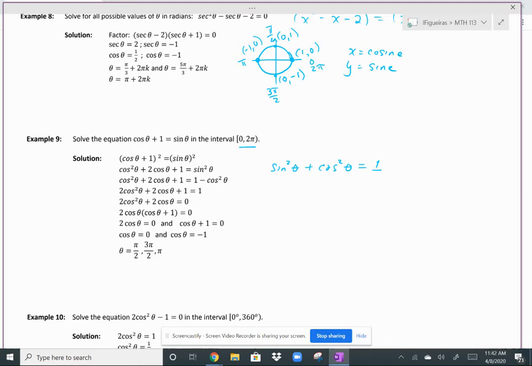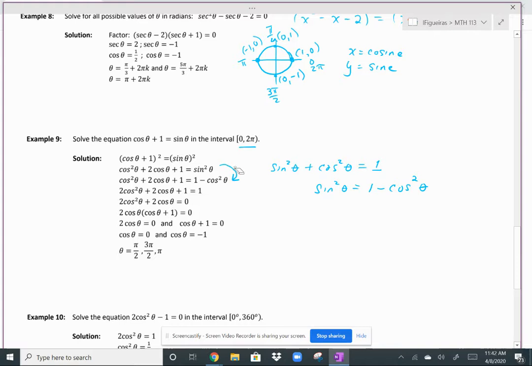If I were to solve this for sine squared, that means I'm going to subtract cosine squared over to the right. So then I get sine squared of theta is equal to 1 minus cosine squared of theta. So the sine squared of theta in my equation right here gets replaced with 1 minus cosine squared of theta. So now I only have cosine in my function.